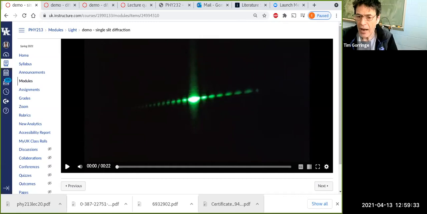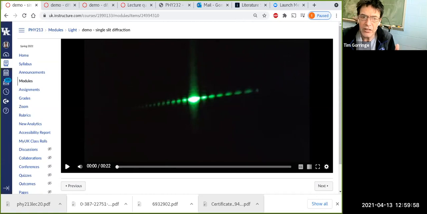And our equations, those two equations we just figured out, they tell us the directions to the dark fringes, or the locations of the dark fringes on the screen for single slit diffraction. Now, what I'm going to do when I play the video is start decreasing the size of the slit.